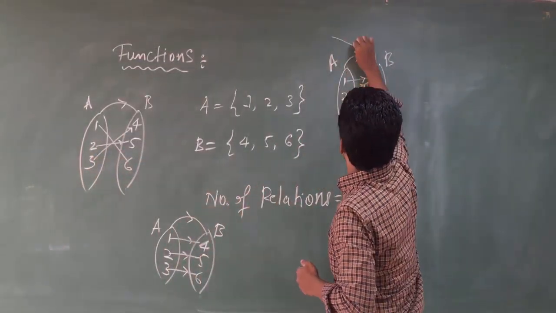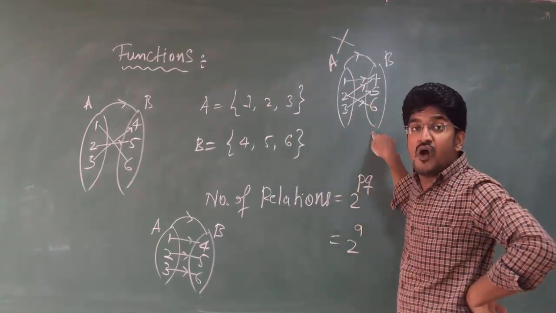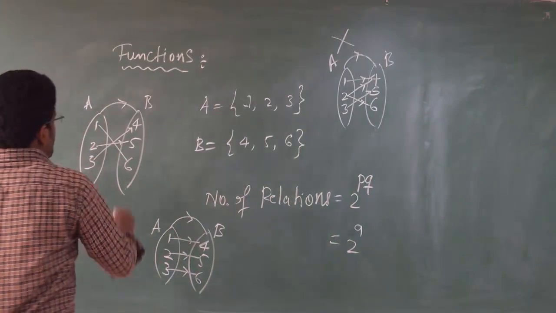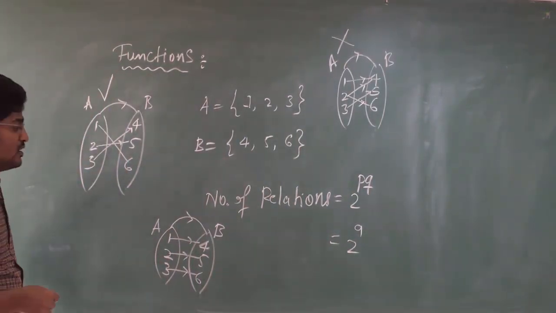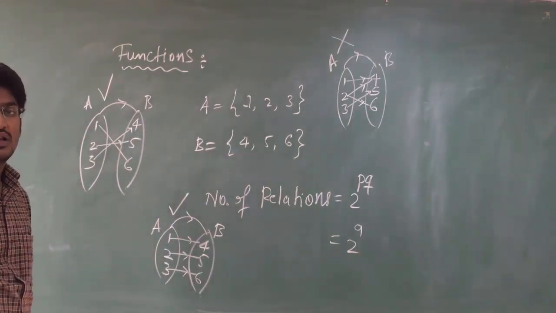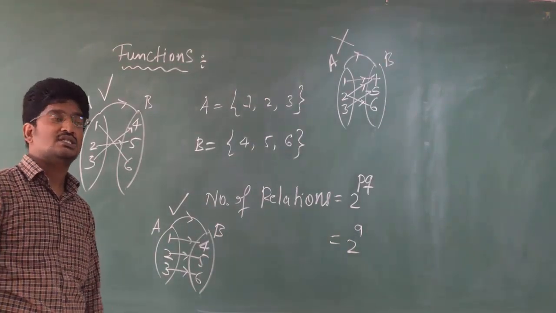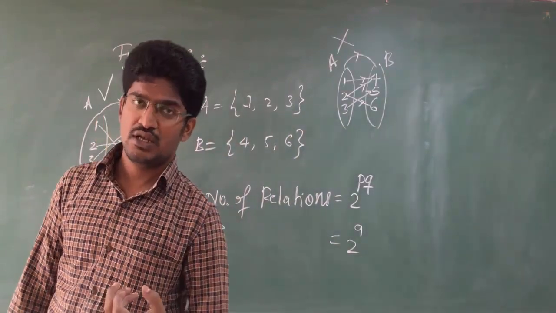This is not a function. This is a function. Clear? This is a function. That means these two are functions, but the first arrow diagram is not a function.